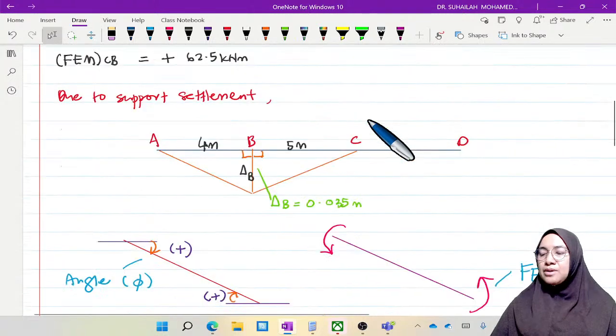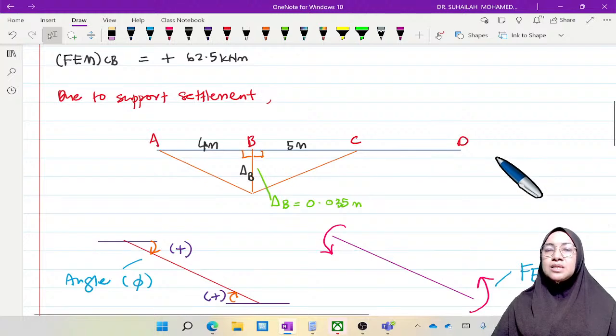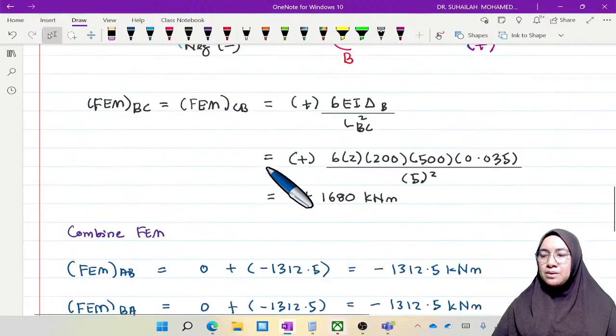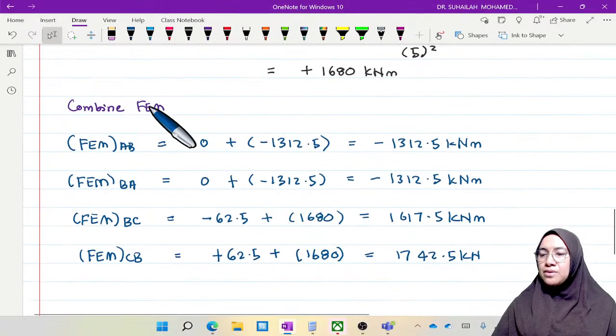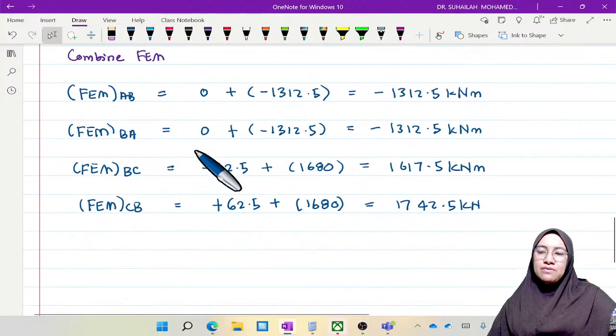Due to support settlement, CD is not affected because B is settled while C remains at the same position, so CD has zero displacement. After we combine FEM due to external loading and due to delta, we have these four values.